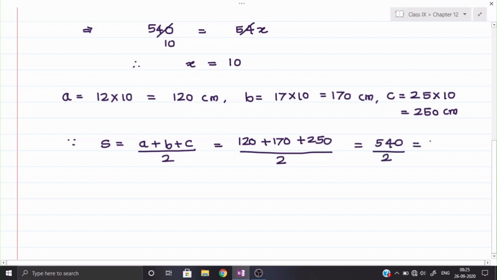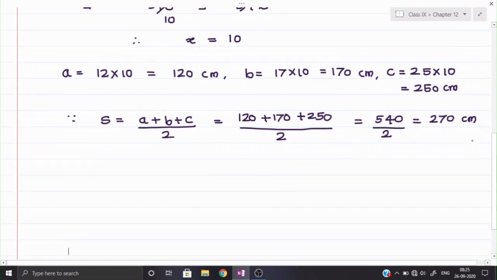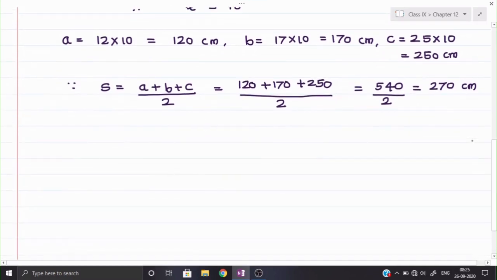So this will be equal to 270, and you see this 270 is more than the value of all three sides. It is more than 120, 170 and as well as 250. Now at last we shall find the area of the triangle.